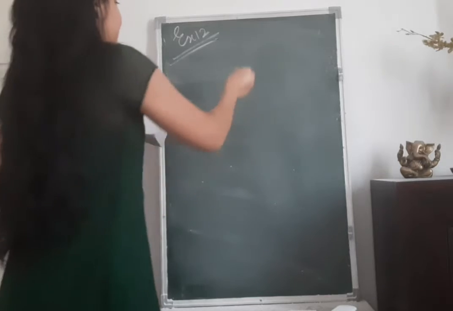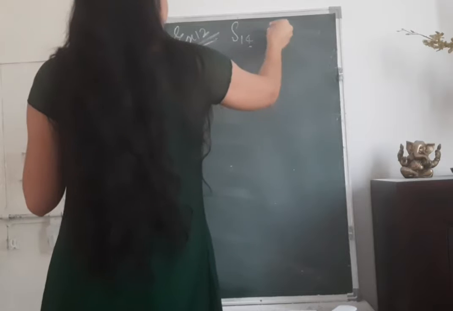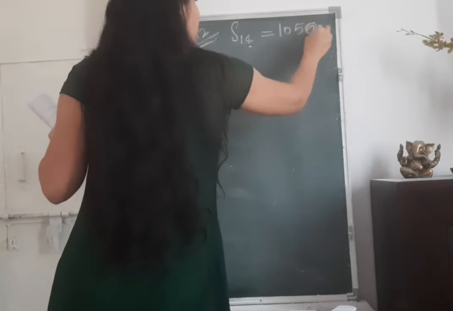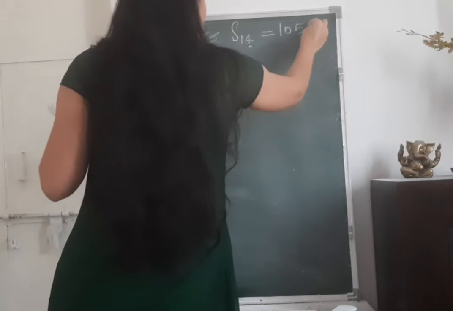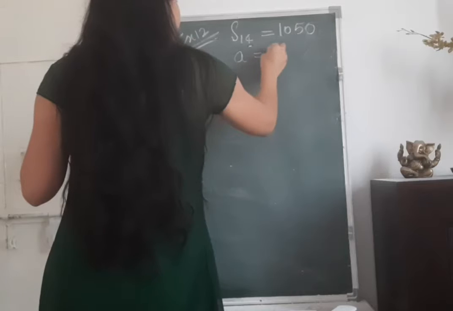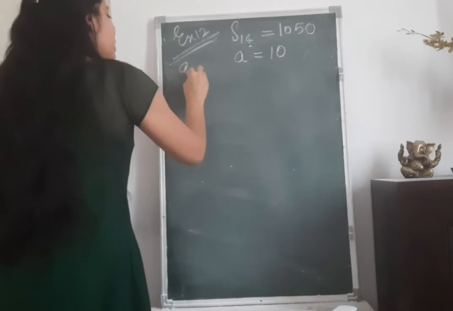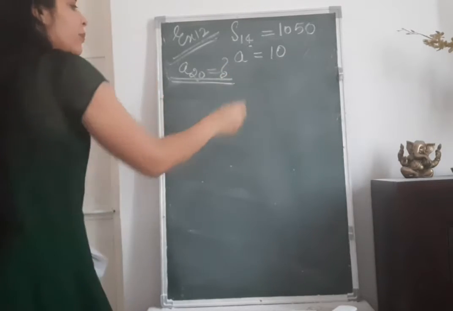What is given to us? Sum of first 14 terms is 1050, right? First term is 10, and what I need to find out? I need to find out the 20th term, that is a20, right?